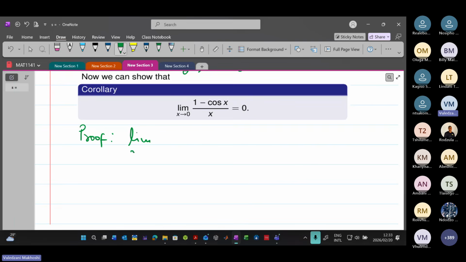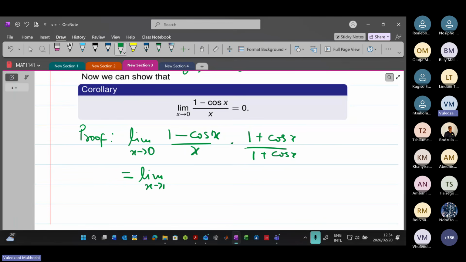One way of looking at it is this. You have 1 minus the cosine of x over x. Let us multiply by 1, given by 1 plus the cosine of x over 1 plus the cosine of x.